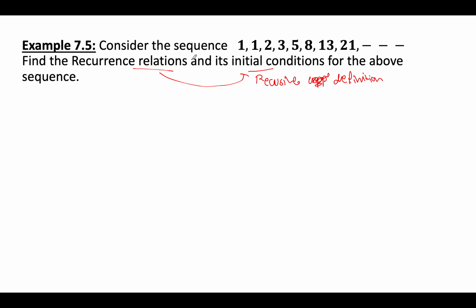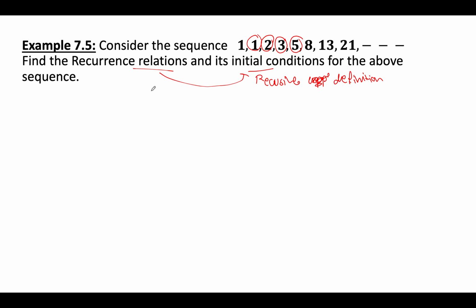So we need to find the recursive definition of the following sequence. And when I say the recurrence relation, I need to find the relation between the terms in the sequence. Okay? With the initial condition.